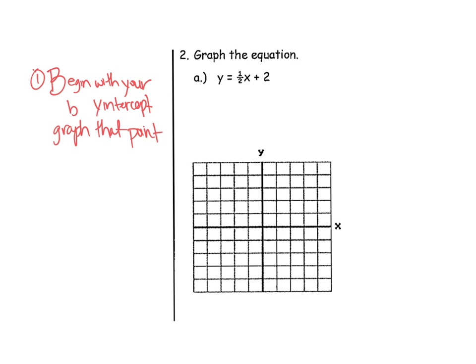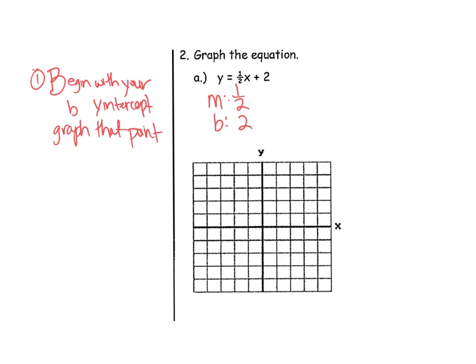Let's do step 1 on number 1. Okay. What's my m for A and what's my b for A? M is 1/2, and then b is 2.